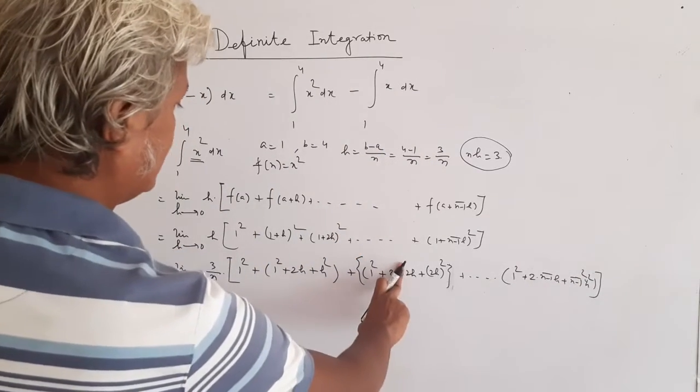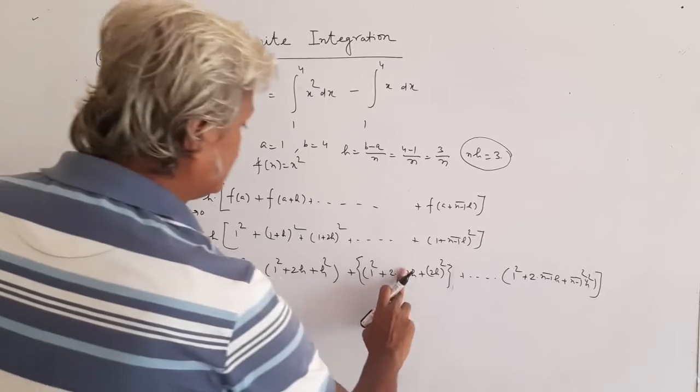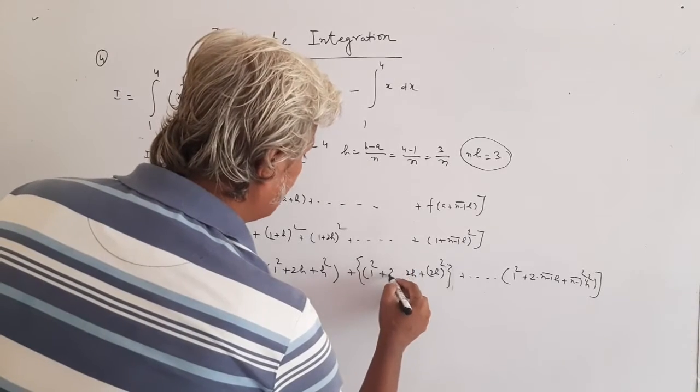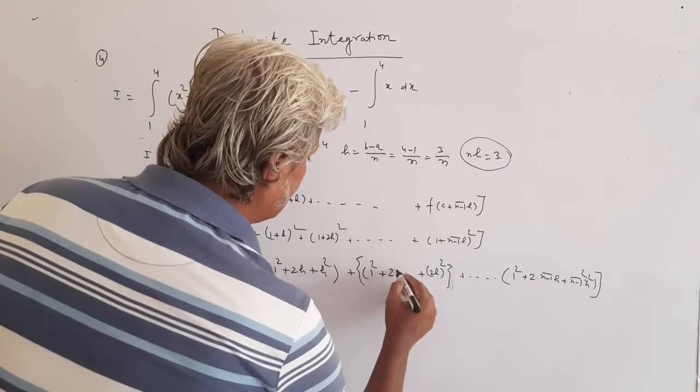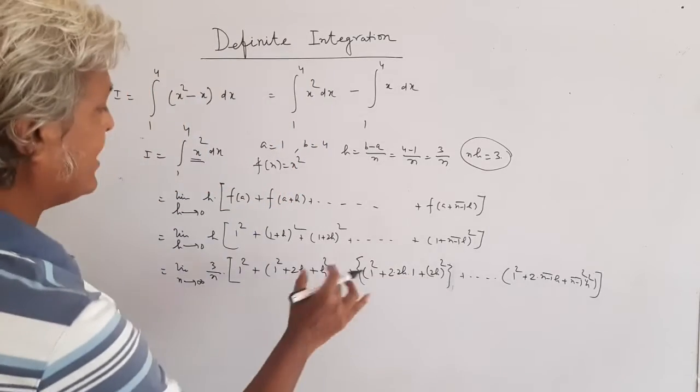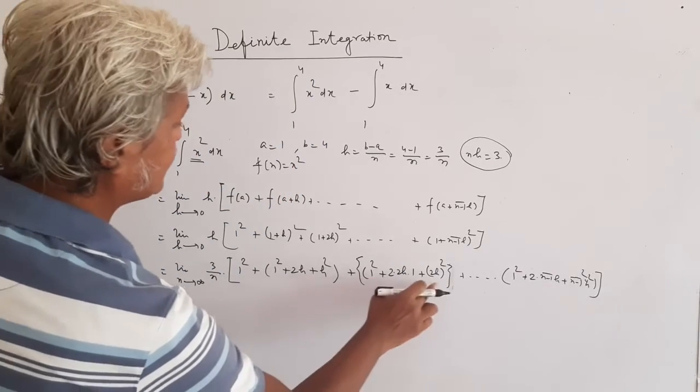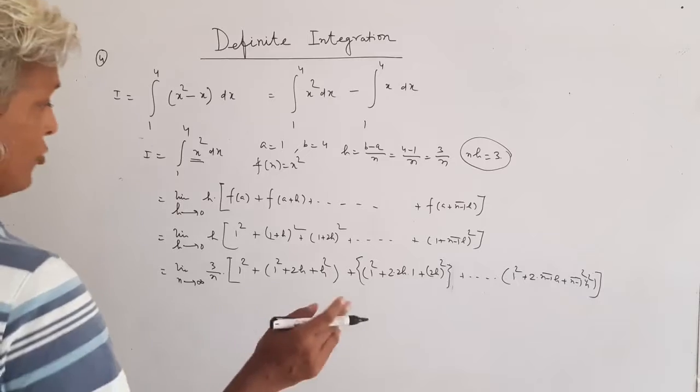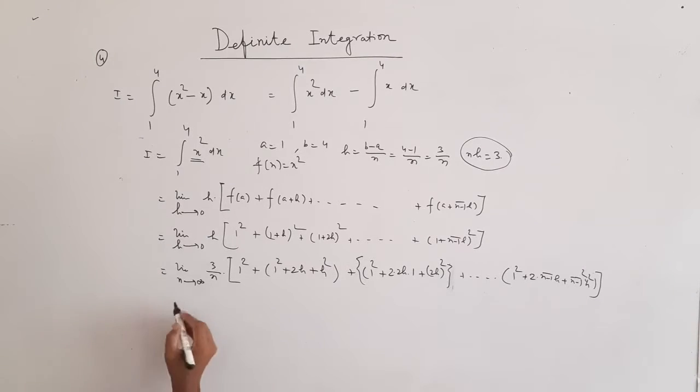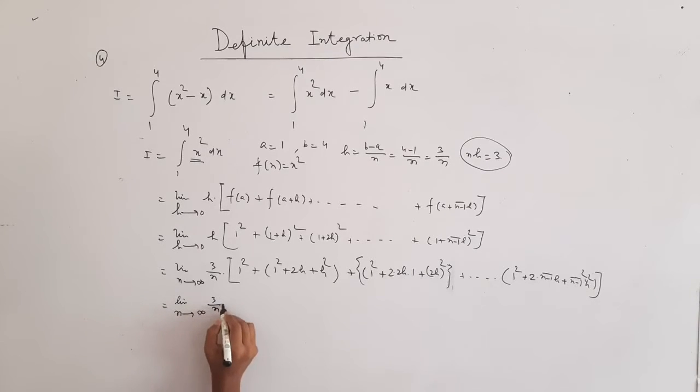So this is 2 into 2h, that is 2ab, so 2a and this is b. Okay, now the proper grouping again. Here you have to pay attention. Then limit n tends to infinity, 3 over n.